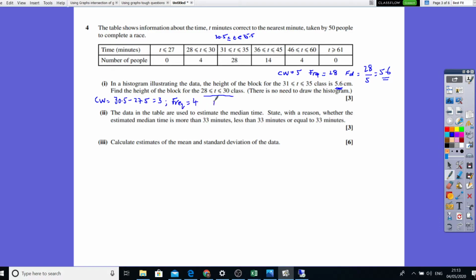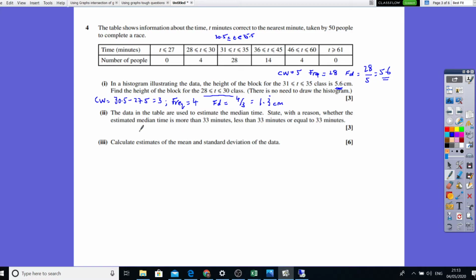So therefore the frequency density, which is the same as the height, is going to be 4 shared by 3, which is also 1.3 recurring centimeters. Okay, that's pretty standard, straightforward. Just need to be careful with these class intervals, so remember to get the upper bound and the lower bound correct.